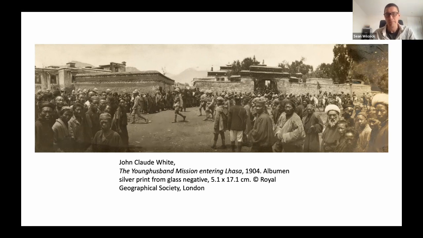So Bourne there is drawing on this very commonplace Victorian equation of the camera and the cannon. And he's seeing the camera as a kind of demonstration of the technological might of the British Empire, the broader technological advances which he sees as emblematic of that empire.